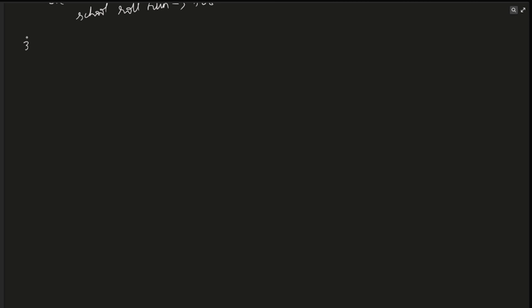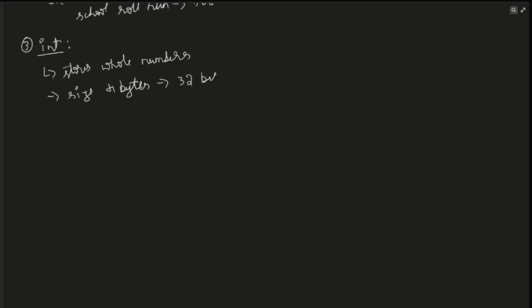The next primitive data type is integer data type, which is the most used data type in Java. It stores whole numbers. Size it can take is up to 4 bytes, that is 32 bits, and the range is from negative 2 billion to positive 2 billion, and this range is enough for most of the use cases.